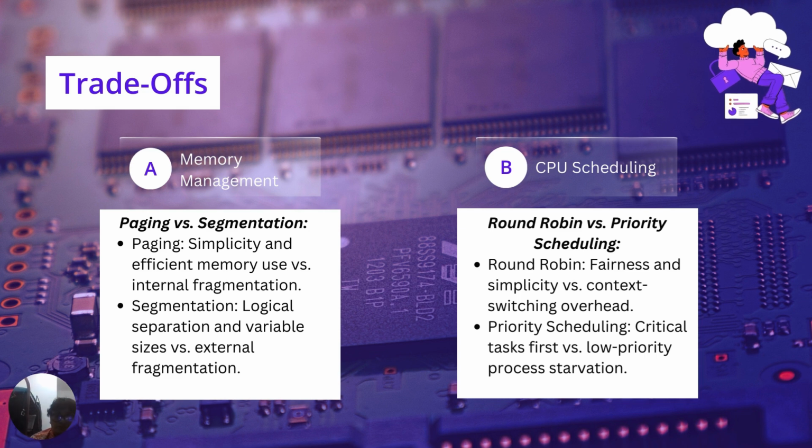Round robin scheduling provides fairness and simplicity, but may suffer from high context switching overhead. But priority scheduling can ensure critical tasks receive CPU time, but can cause starvation for lower priority processes.